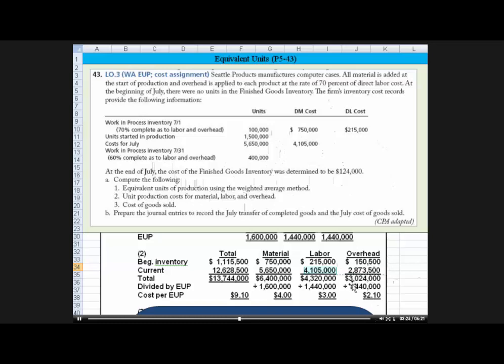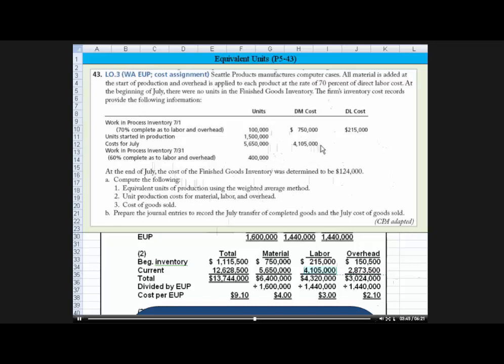All right, then we need to take a look at what the current costs were. They tell us the costs for July were 5,650,000 in units, but that really is material cost.